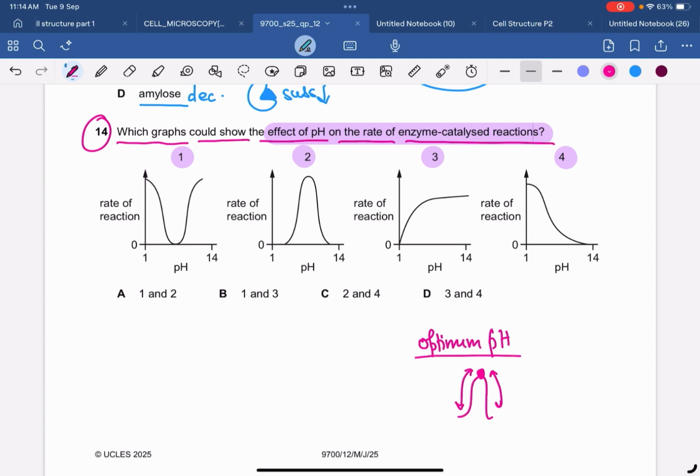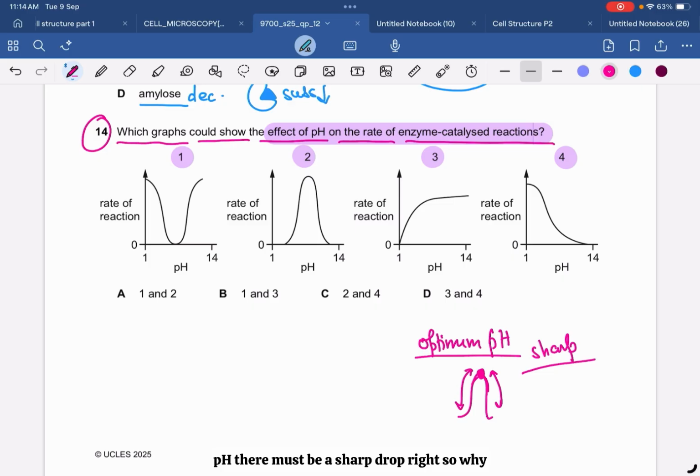So the graphs where you see the sharp drop are the ones showing the effect of pH on the rate of the enzyme catalyzed reaction. On either side of the optimum pH, there must be a sharp drop.